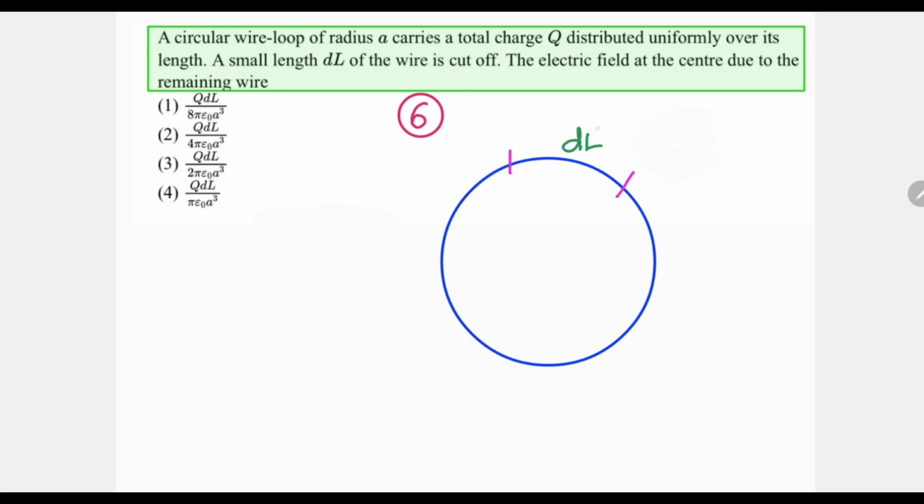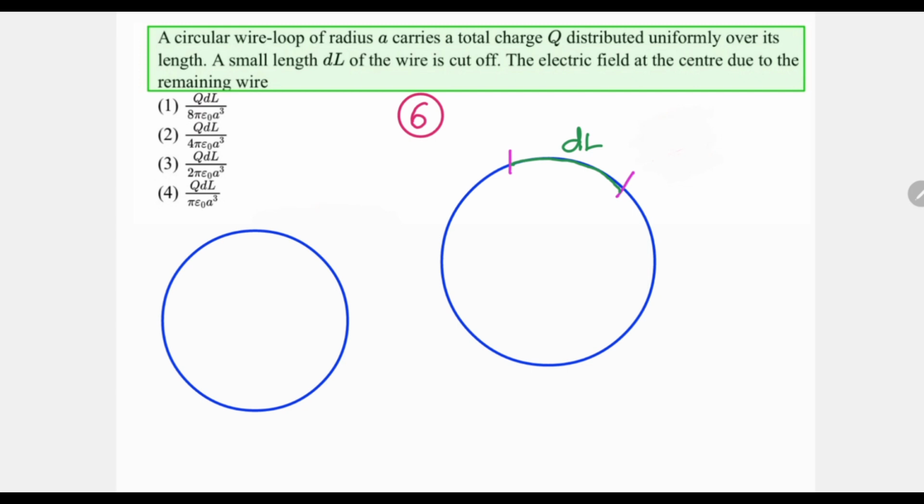So corresponding to dl in this part, actually a charge was initially uniformly distributed. Charge uniformly distributed means the concept is that initially the situation is like this. So charge is uniformly distributed.